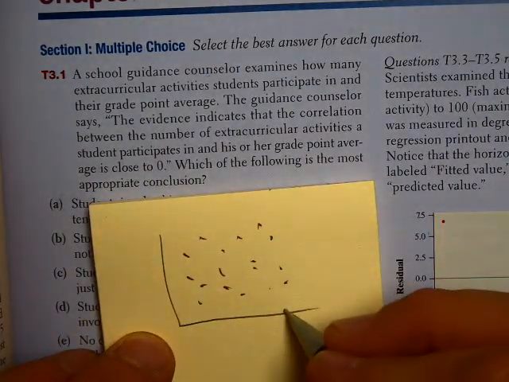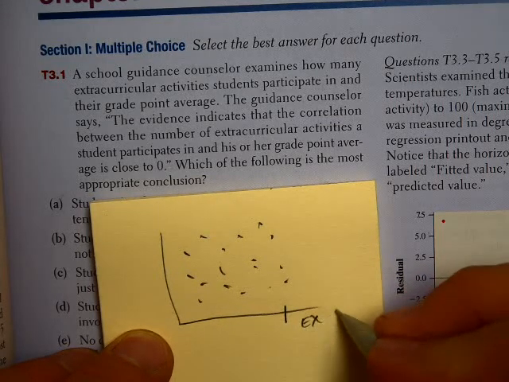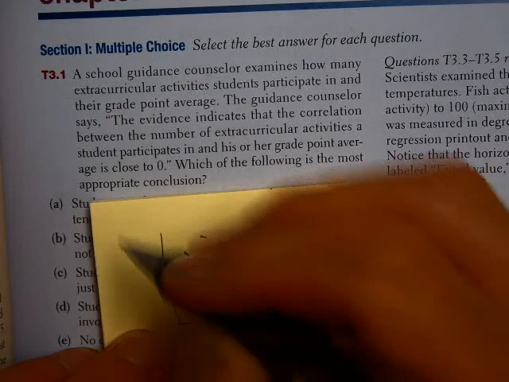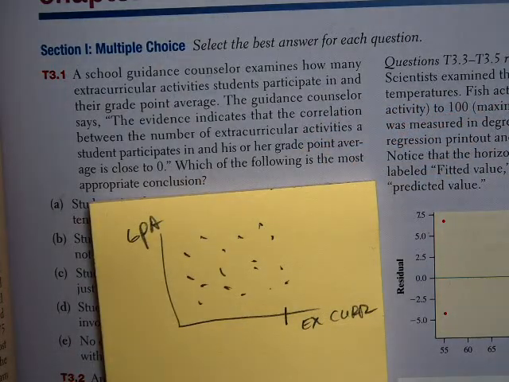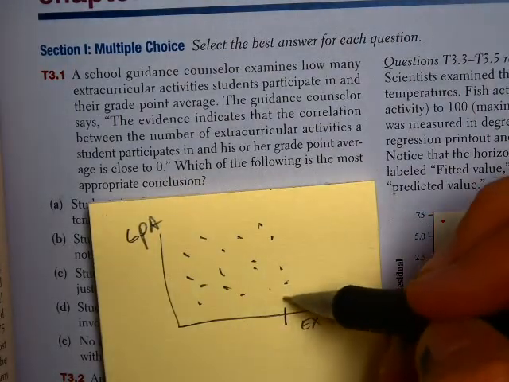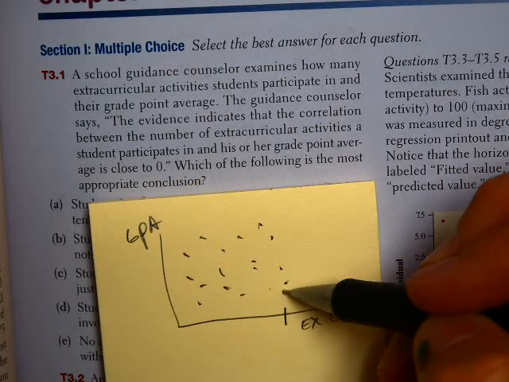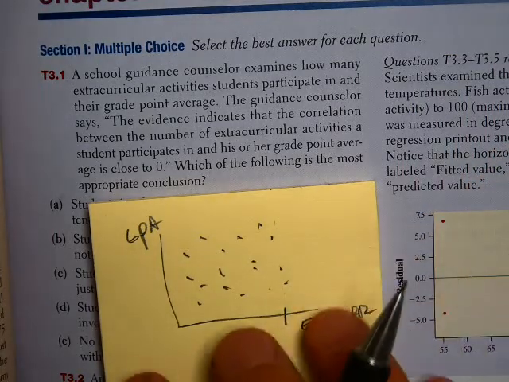The number of extracurricular activities and the GPA really seem to have no correlation. So students that do a lot of extracurricular activities have anywhere from a bad GPA to a good GPA, which is what this is saying.